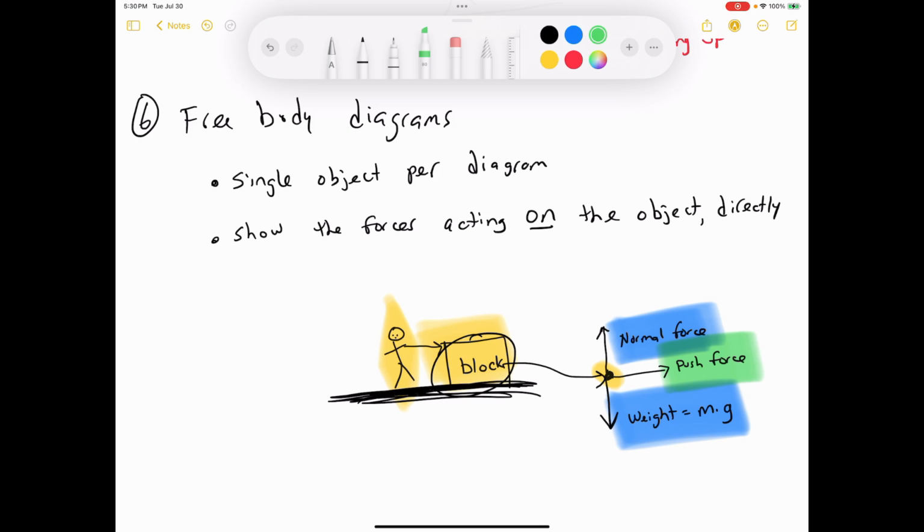If there was another person on the other side, pushing in this direction with the same force as the other person, then the block wouldn't move at all. But because there is no force pushing to the left, the block is going to accelerate to the right.